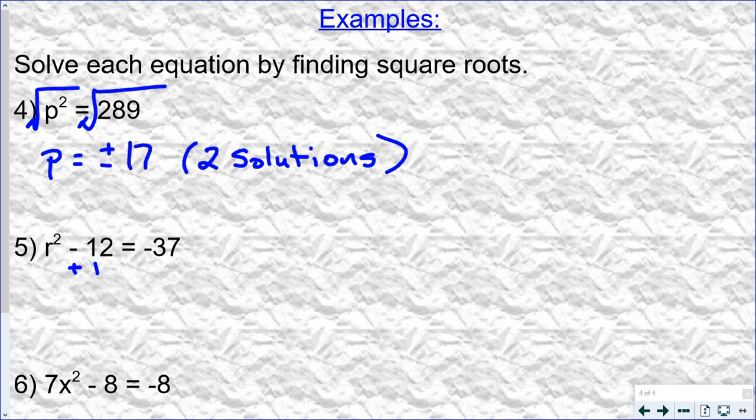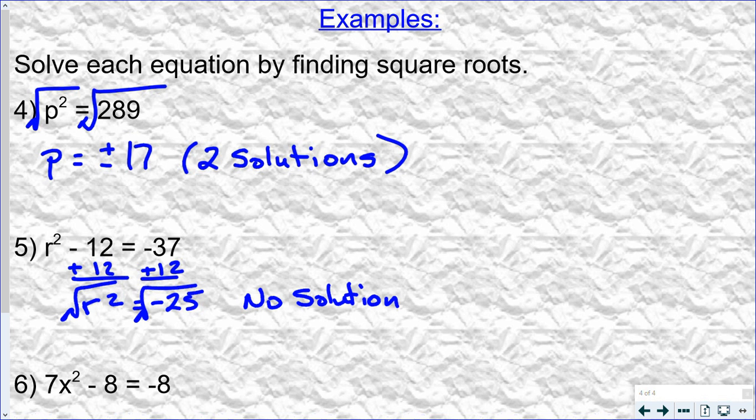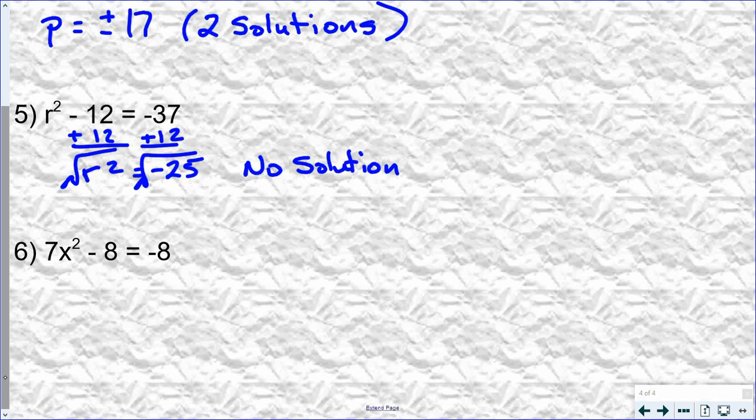All right, so plus 12, r squared equals negative 25. You can't take the square root of a negative number, so this one has no solution. That means it's been translated up and doesn't actually cross the x-axis. And then one last one, so we'll add 8, 7x squared equals 0.